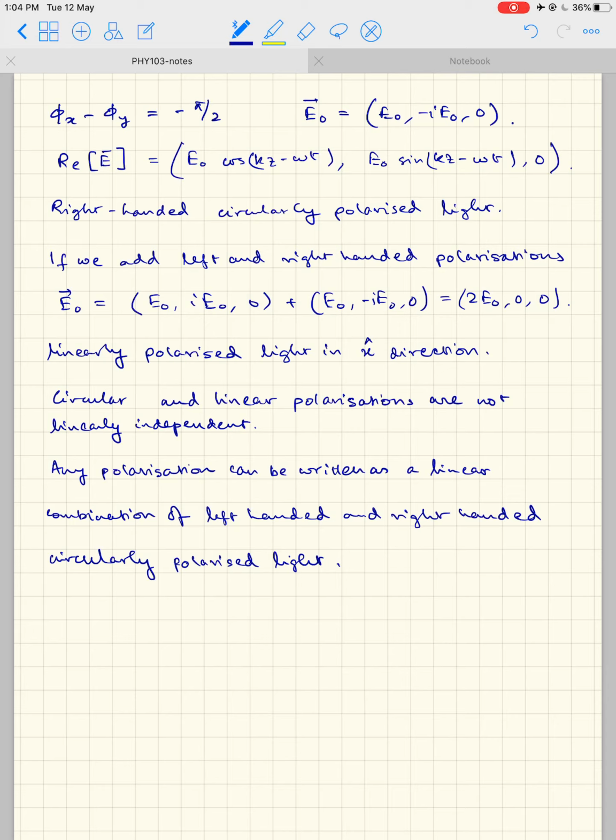That's easy to understand because it's the sum of the left and right-handed lights. As an analogy, you can think about two tops, maybe one spinning clockwise and the other spinning counterclockwise. So the two-top system will have no net angular momentum.